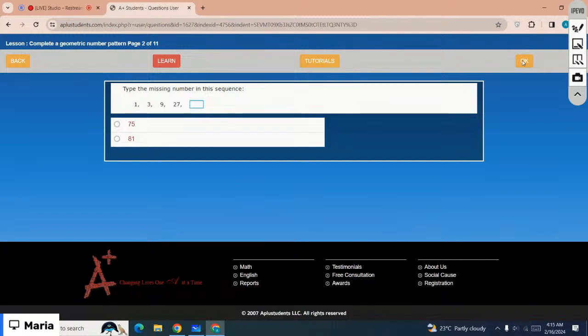Type the missing number in the sequence. So which is the next one in the sequence?